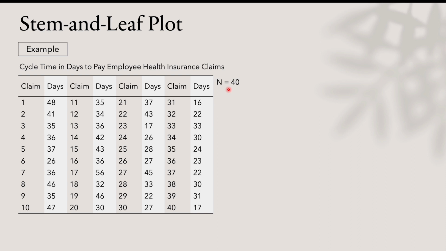Now we will try to represent it as a stem and leaf display. In order to do that, first we need to know the smallest number and the largest number. The minimum value in this data is 16, and the maximum value is 56.